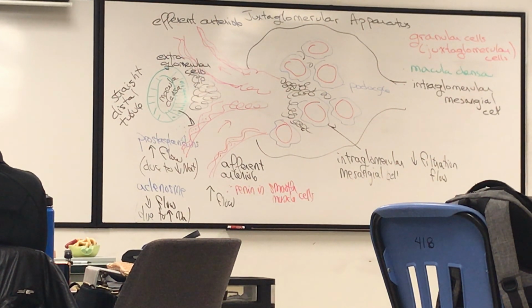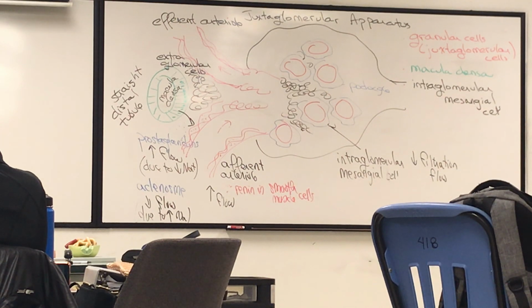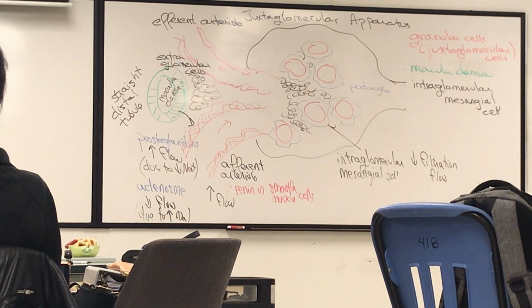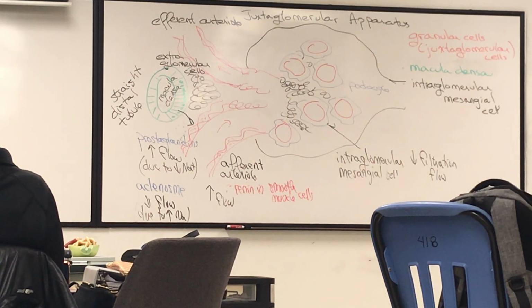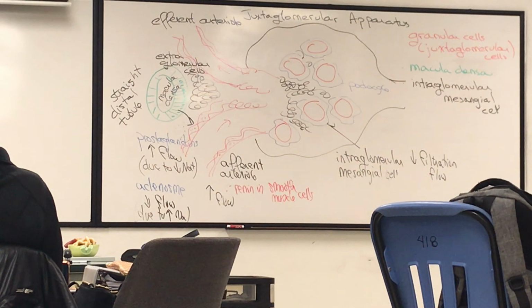Prostaglandins. So when blood pressure is low, all right, afferent arterioles dilate. That was that first effect that we saw that was called myogenic.